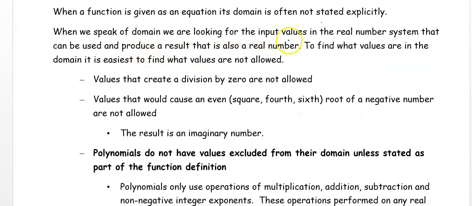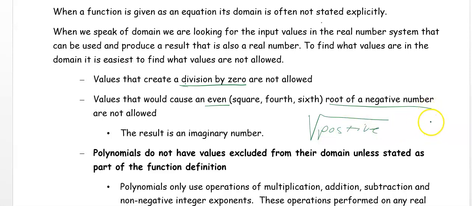So we're looking for the input values that produce a real number, and it's easiest to figure out what numbers you can't use, and then basically say you can use everything except these numbers. So we cannot create division by 0, and we cannot take an even root of a negative number. So whatever is inside our radical symbol, if this is a square root or a fourth root, must be positive.